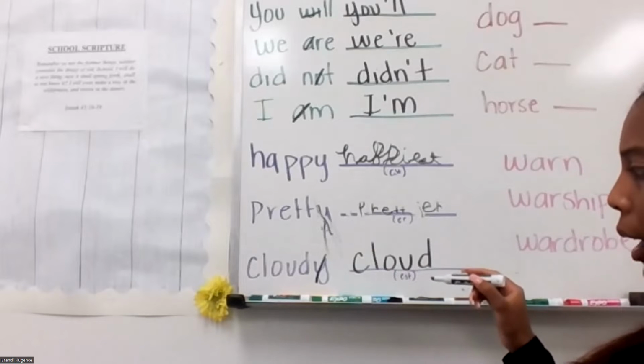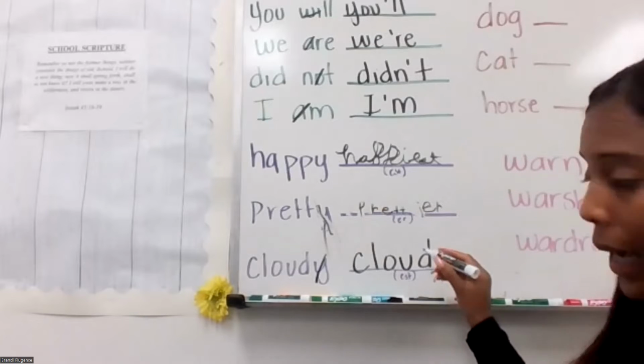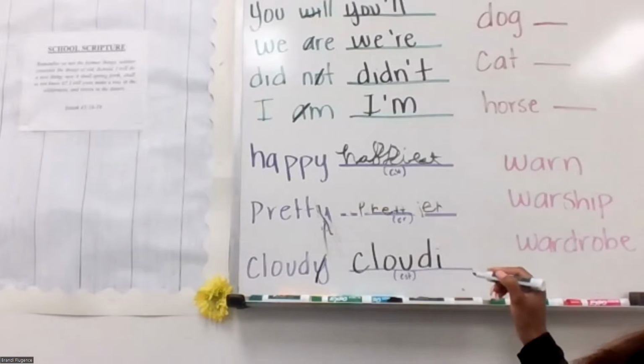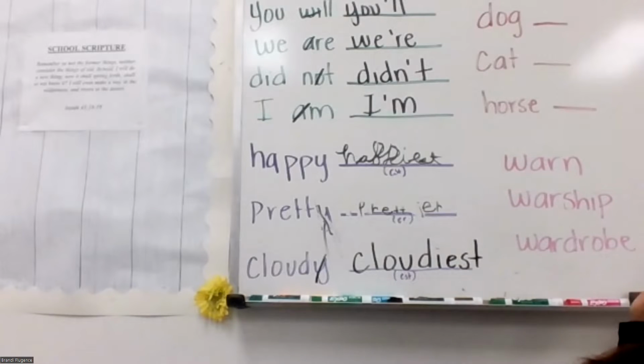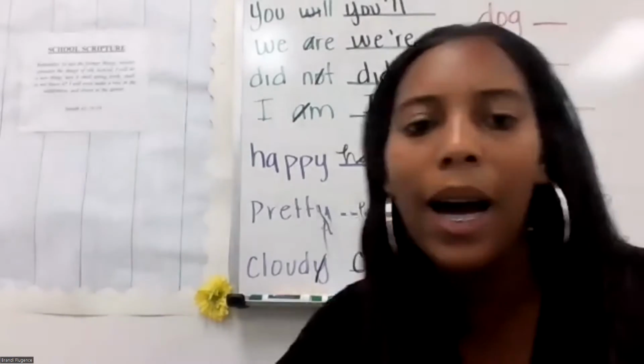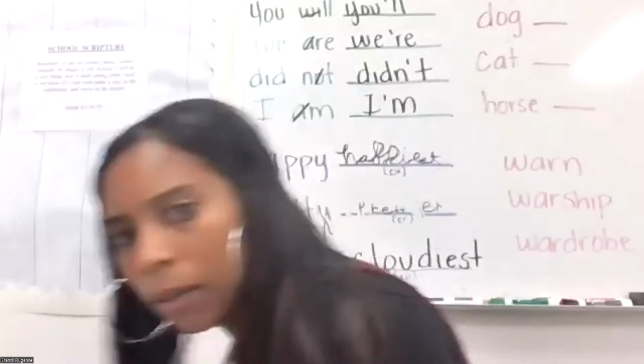Not an E. Remember, you take away the Y, turn it into an I. So I'll put an I, then I add EST. Cloudiest. Okay, good. So anytime your root word ends with the Y, you take away the Y and turn it into an I and add your suffix after that, okay?